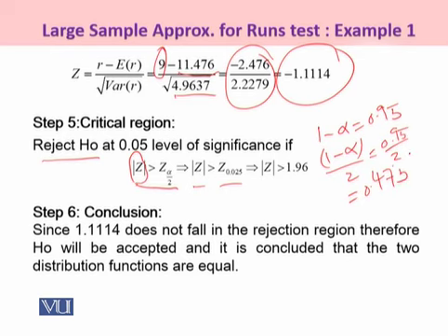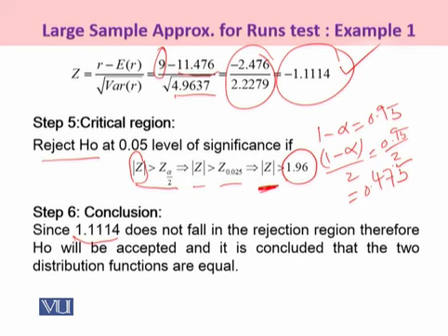If you make inverse use of this value, you would have to locate it from the standard normal table, which is readily available in all the statistical textbooks. If you search for this value within the body of the normal table, against it you will find the value of Z as 1.96. By taking the absolute of this negative value, because we were required to take the absolute of the calculated value, the negative value would be converted into the positive value.